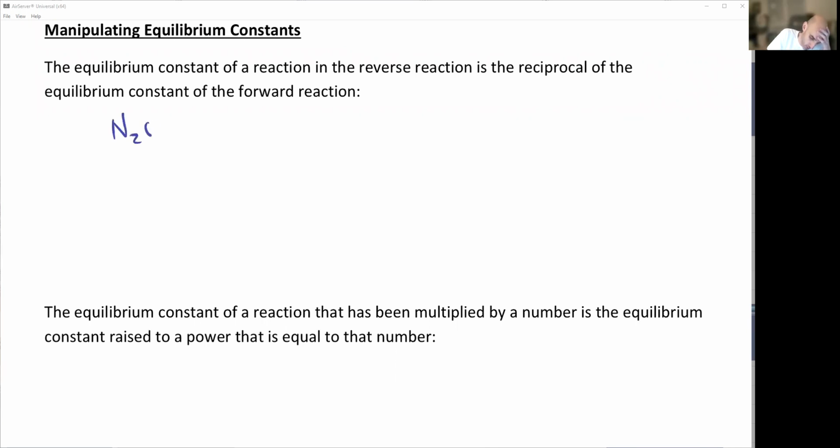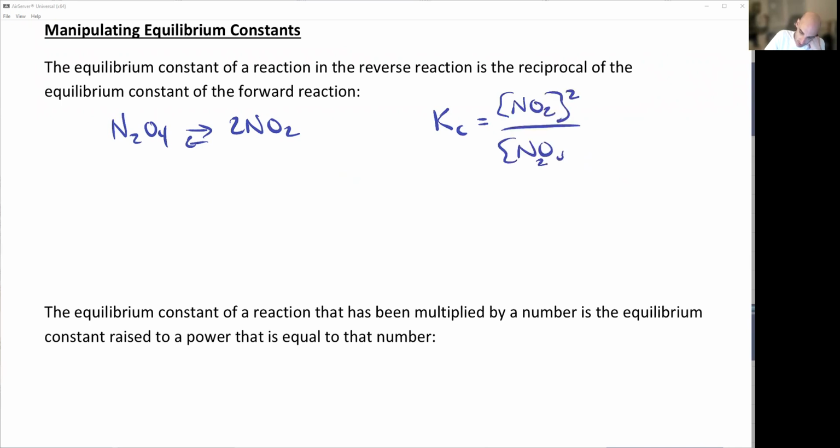If I have N2O4 in equilibrium with 2NO2, let's say that Kc is equal to, again, concentration of products over concentration of reactants, and that happens to equal 0.212 at 100 degrees Celsius. Temperature is important because temperature is going to change the equilibrium constant.